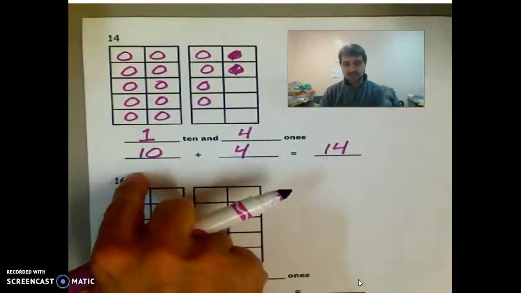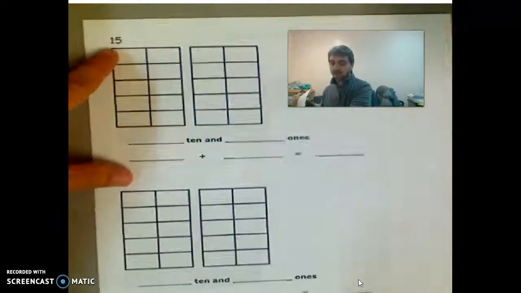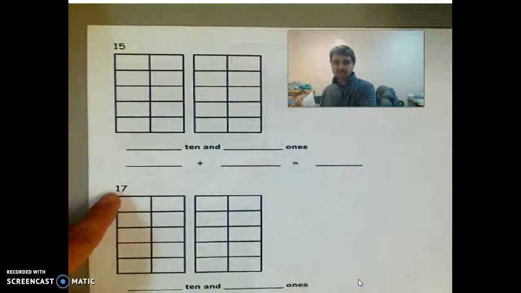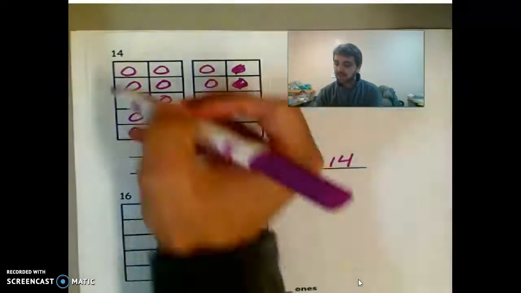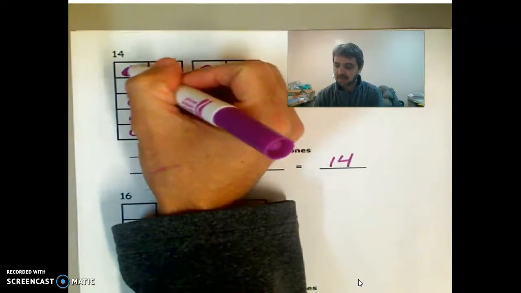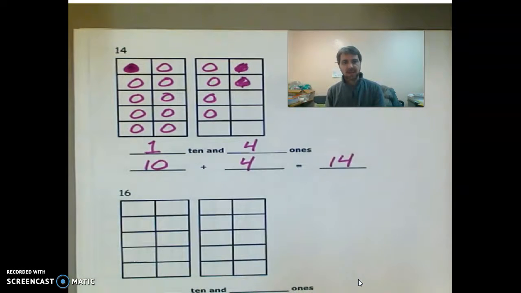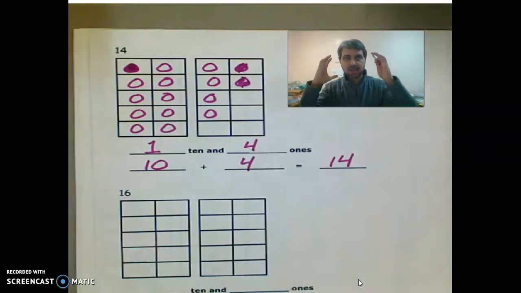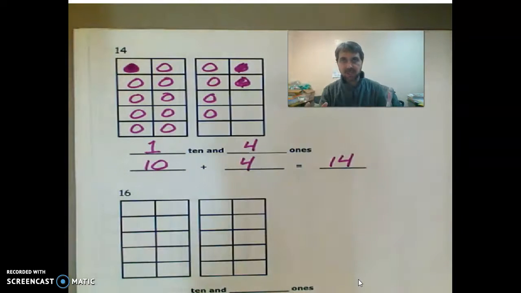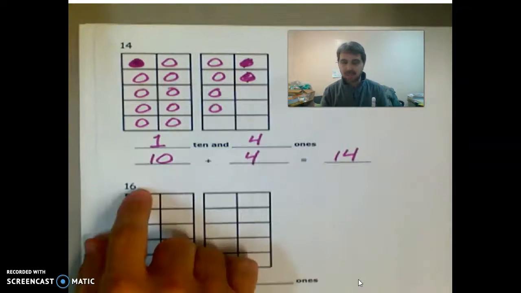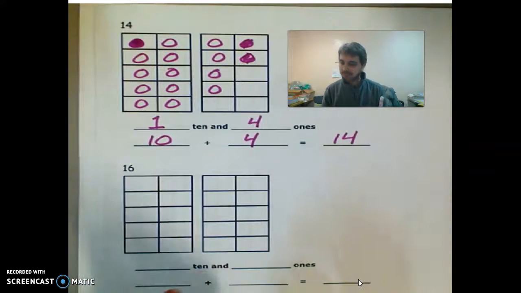There's one for 16, one for 15, and one for 17. You don't have to color them in like this. If you want to, you can, but you can just do circles. I want you to be thinking, if I have the number 16, how many groups of 10 can I make? How many 10s?